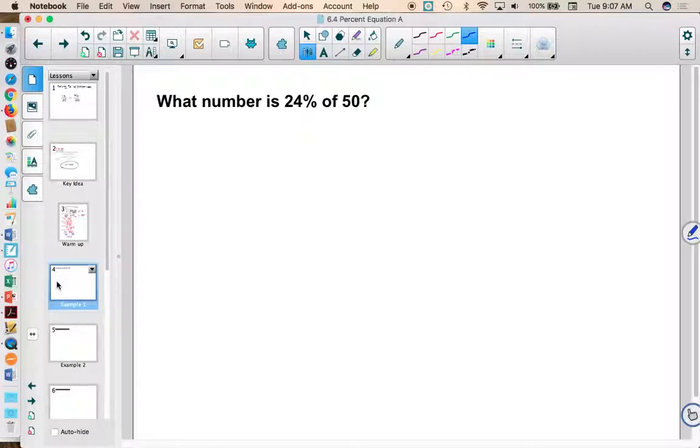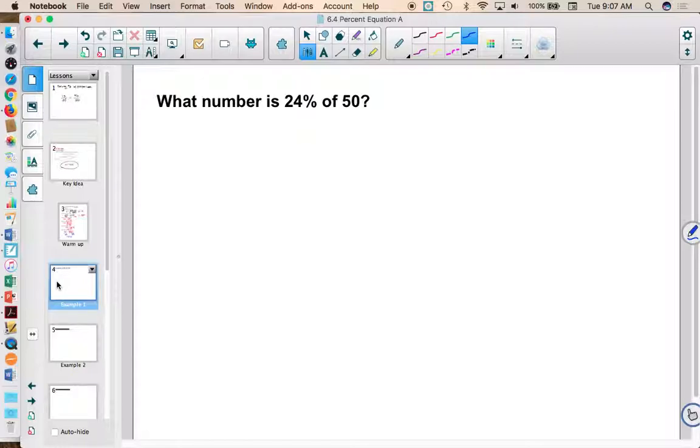Which one are you confused on? This one? What number, that's your x, is, it's the exact same thing as that right there. What is this, 0.8? Okay, so multiply 0.8 times 120. Does that make sense to you now?